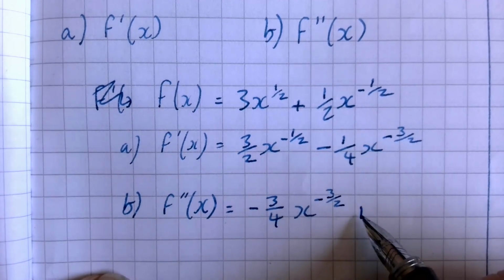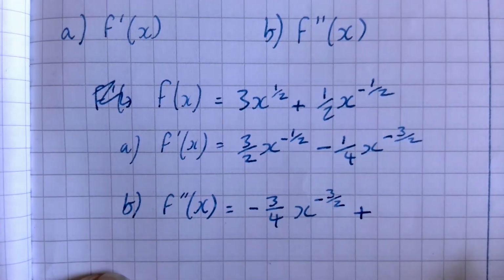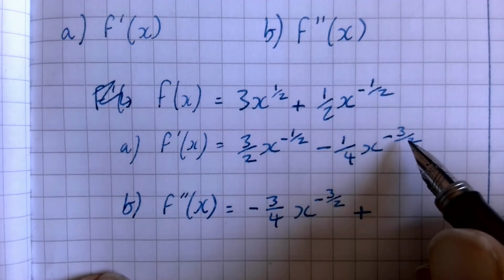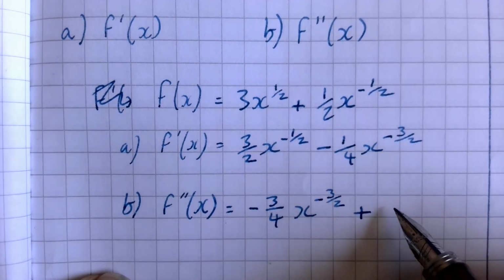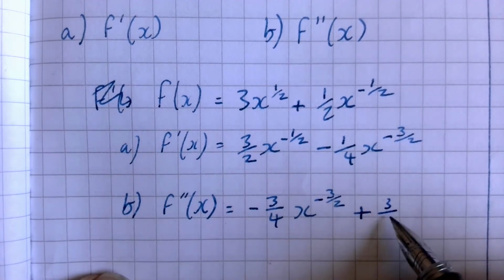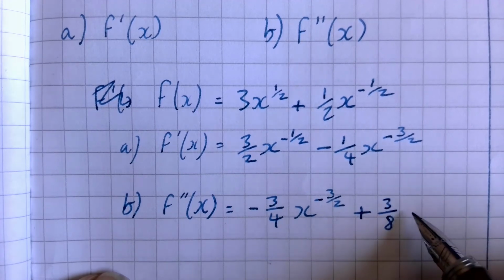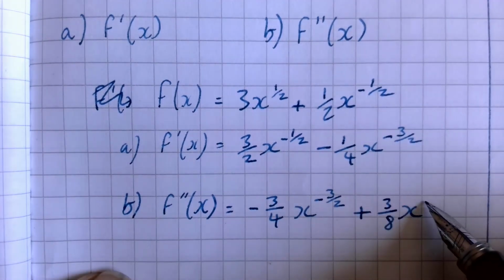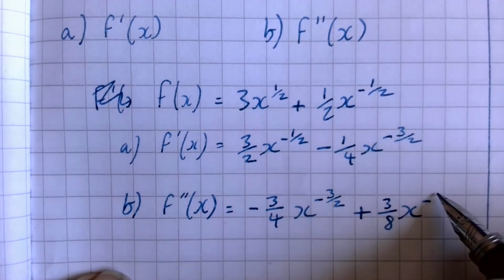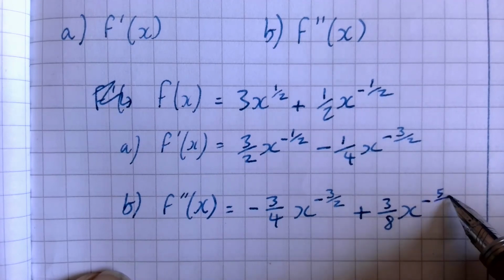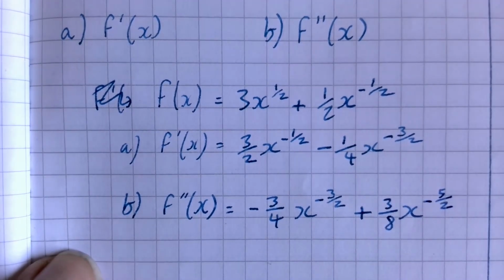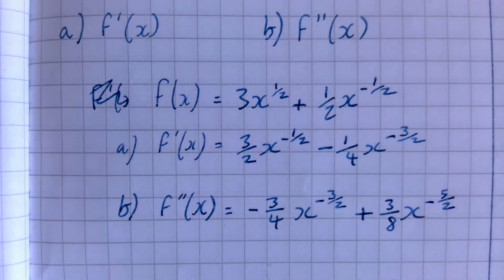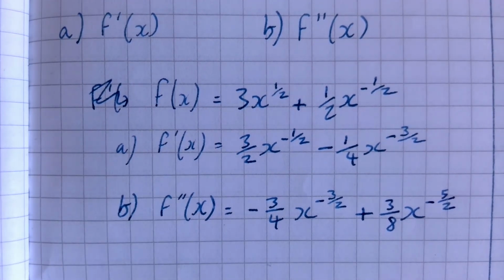Negative times a negative is going to give us a positive, and it'll be 3 on the top over 8, won't it? Remember, you can always use your calculator if you're freaking out over fractions at all. And then taking another one off would be adding 2 more onto the top there as it goes more negative. It'll be minus 5 over 2. And that's all you need to do on that.